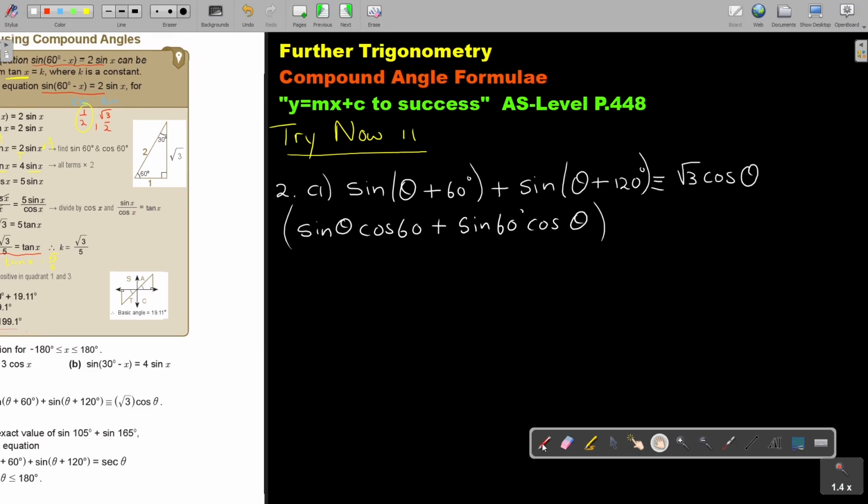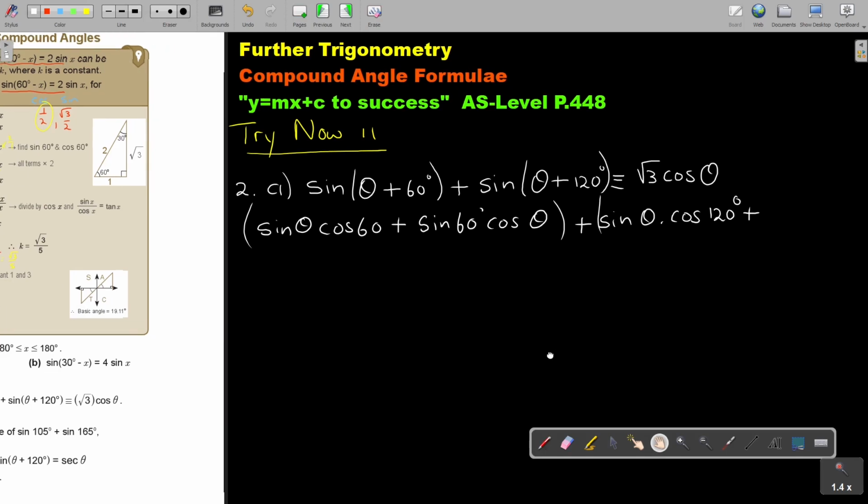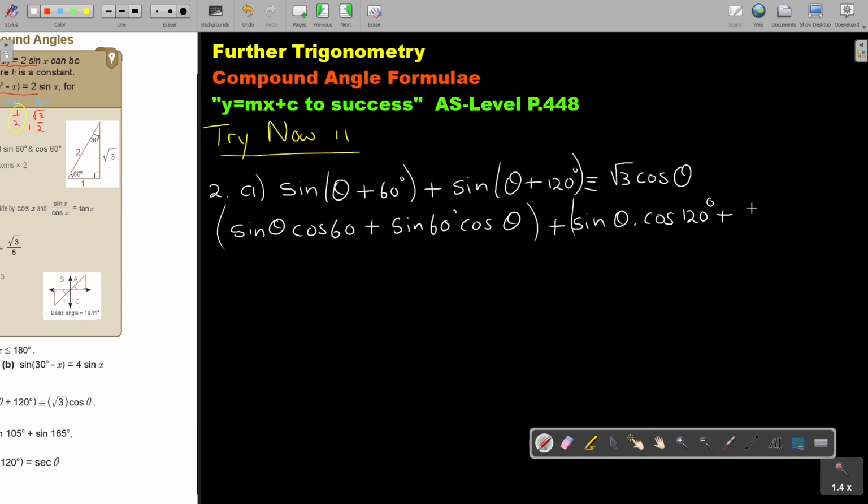Okay, let's go on. Plus, now it's exactly the same rule. So it's sin theta, and then it's cos 120, plus cos theta sin 120.